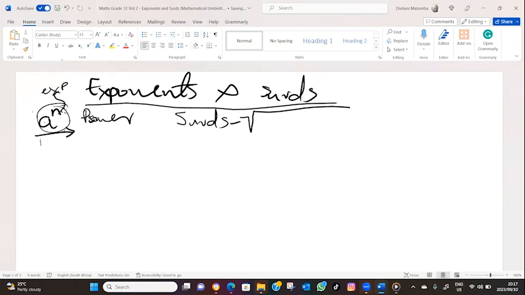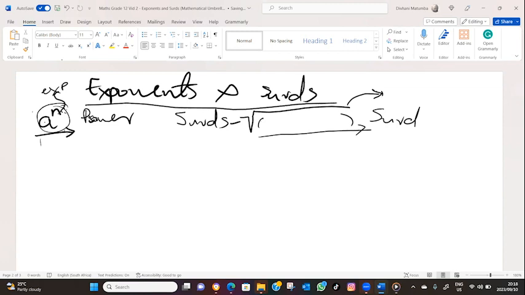Let's say, for instance, if you solve an equation under the square root and everything that you have solved remains under the square root, the whole thing we call a surd. This is a surd.